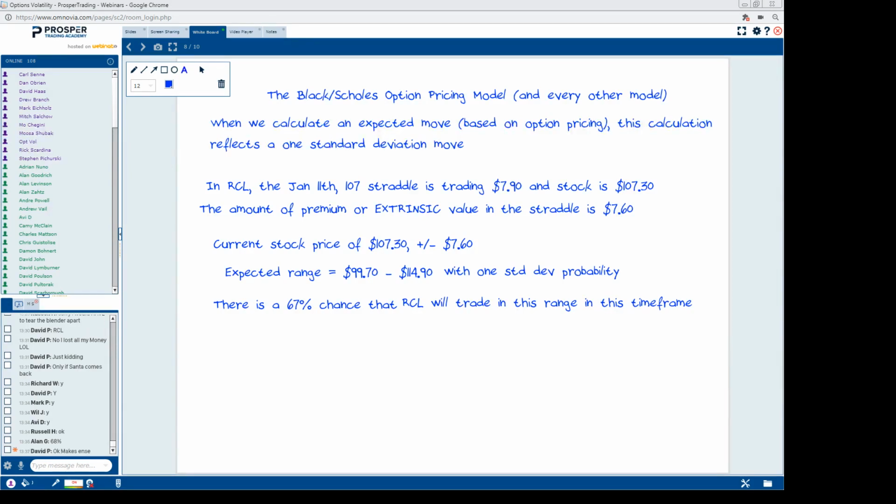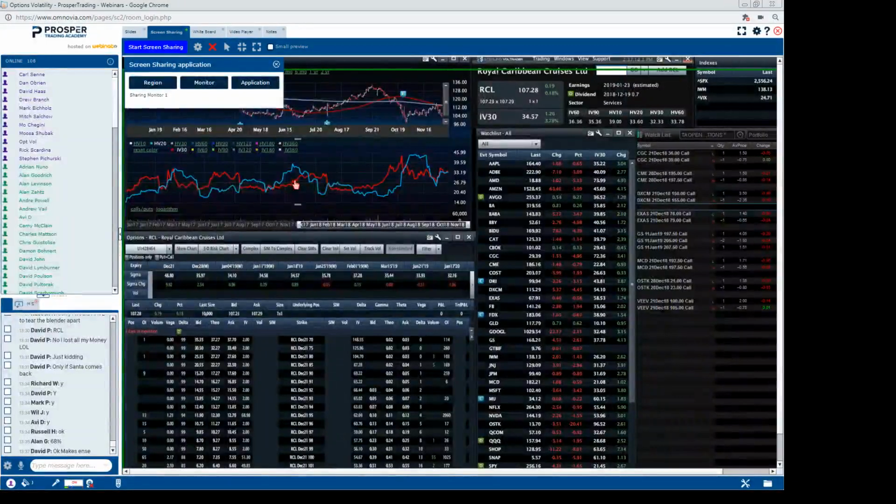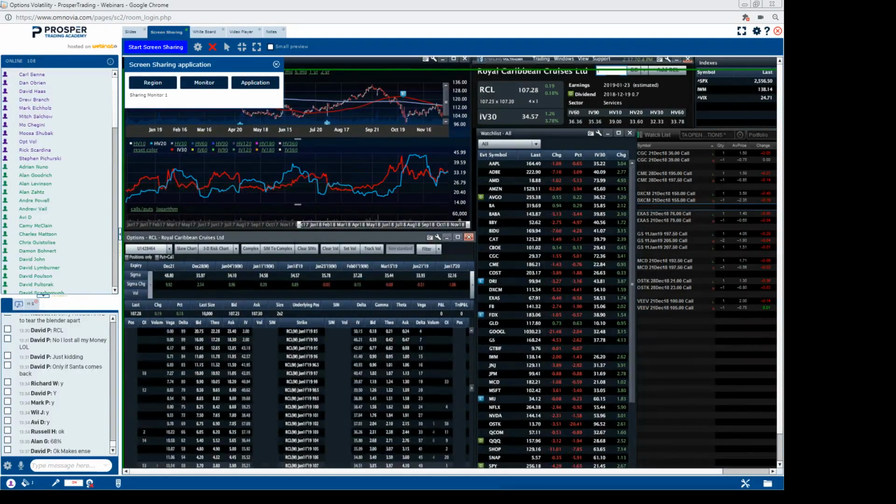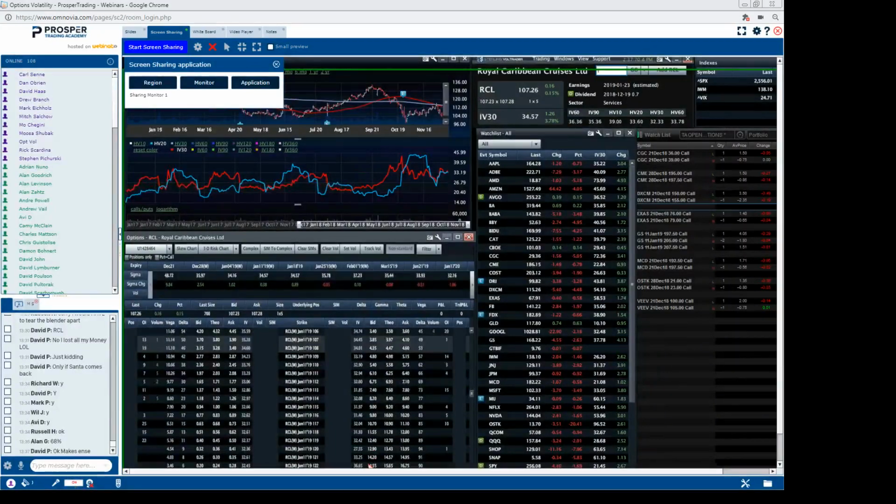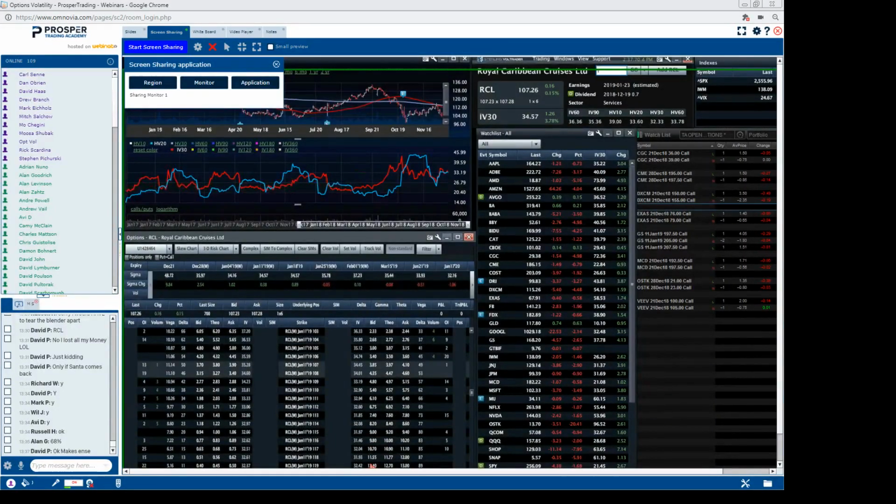Okay, so in the case of RCL, let's just say for whatever reason, and please do not take this as any sort of suggestion. This is for example purposes only. We now have the market's expected range.